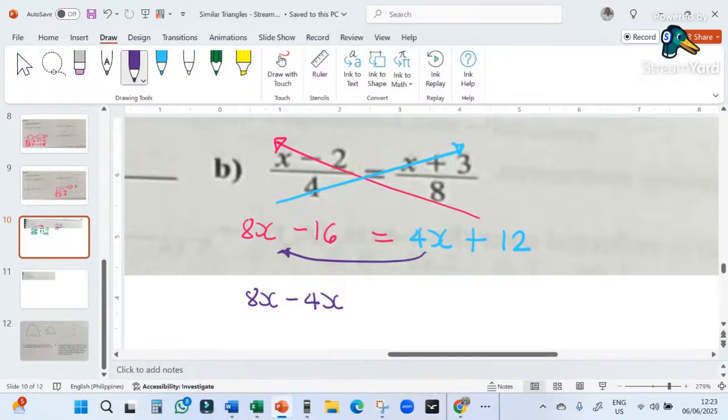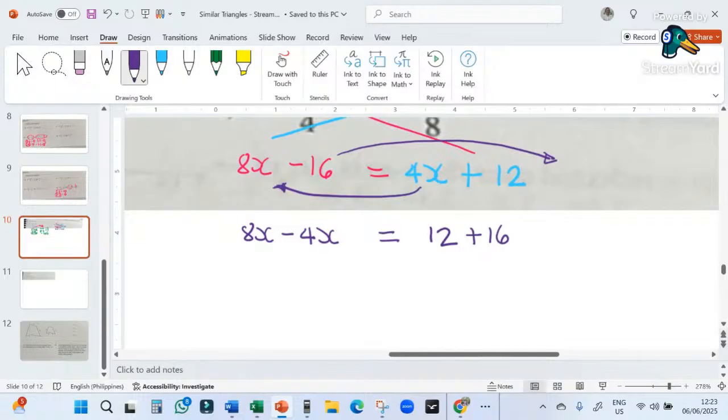So 8x is on the left side, 4x is moved to the other side, so that becomes a negative 4x, equal to the 12 still there at the right, and we are going to move negative 16 to the right, making it a positive 16 this time. So 8x minus 4x is 4x positive, equal to 12 plus 16 is 28. Then divide both by 4, then you'll have x is equal to 7. That's the answer.